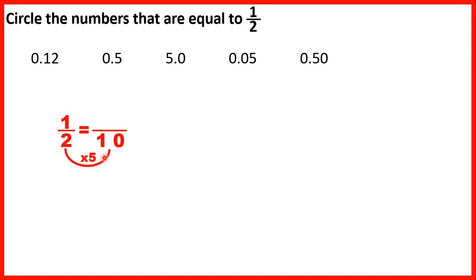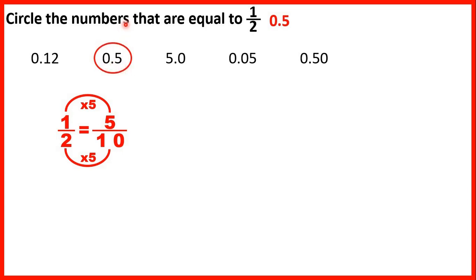2 times 5 is 10, and what we do to the denominator, we do to the numerator as well. So 1/2 is the same as 5 tenths, and as a decimal, we write that as 0.5, because the first digit after the decimal point is the tenths digit, and we have 0.5 here.